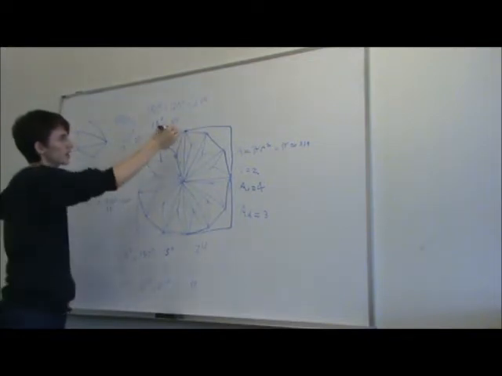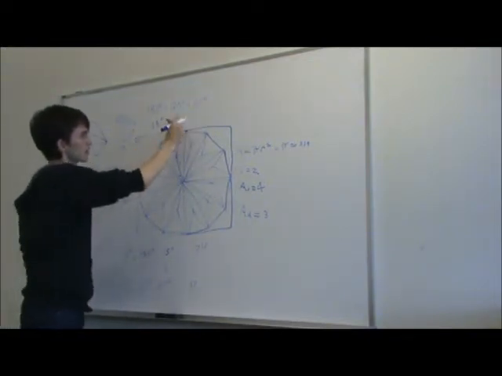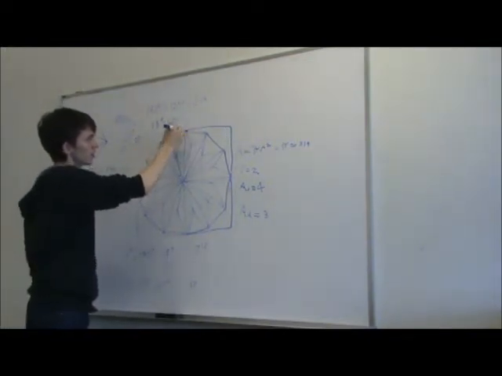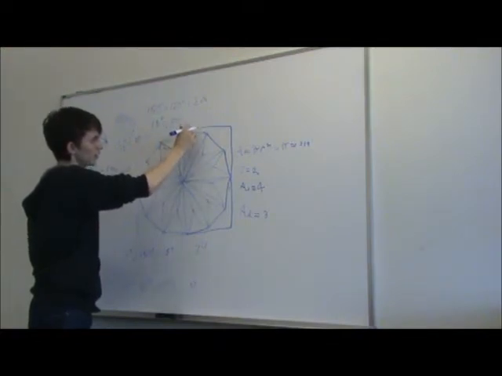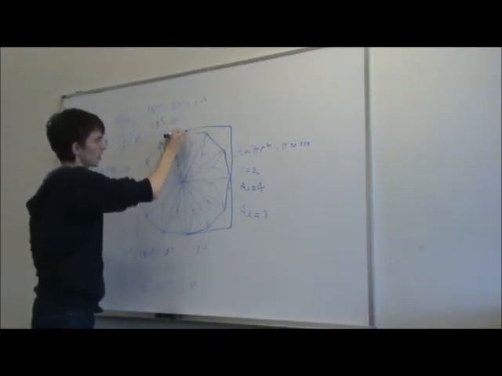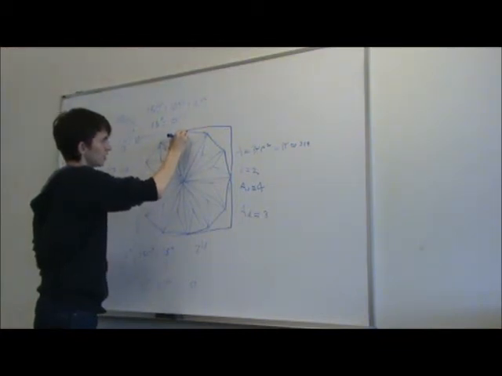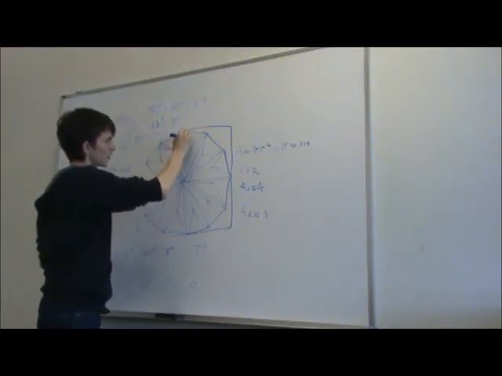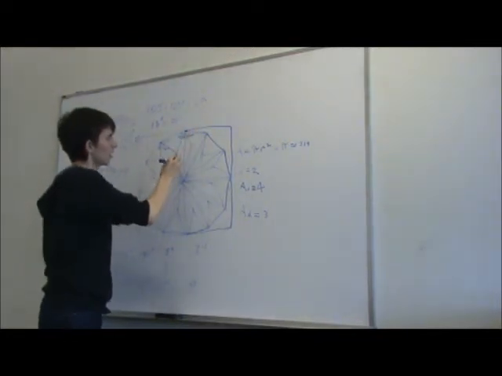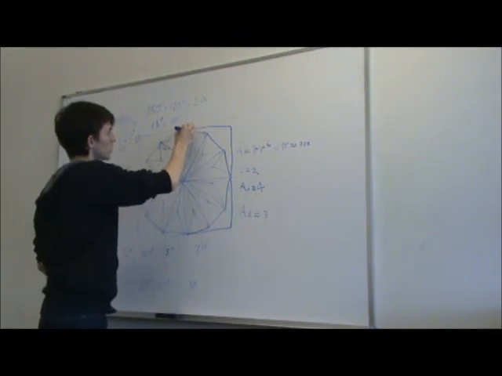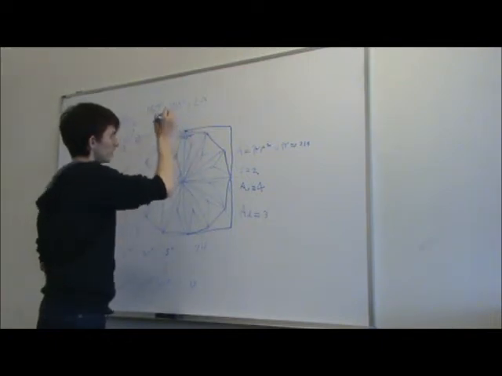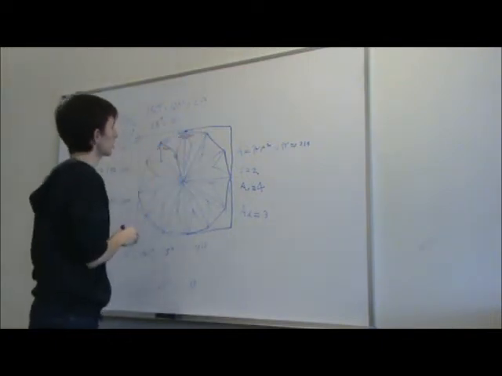Well, to do that, I'm going to use this angle. Since this side of the square is going to be a straight line, and we know that this is 60, and this is 15, and this is 15, and this is 60, we know that each of these angles are going to be evenly divided since these side lengths are equal.